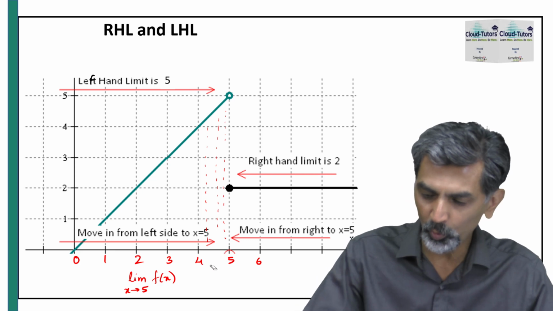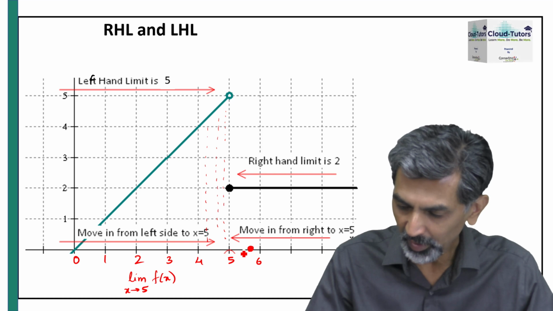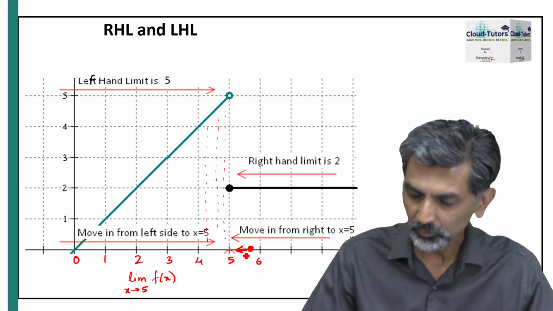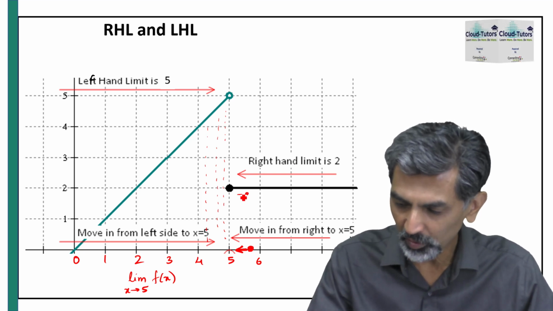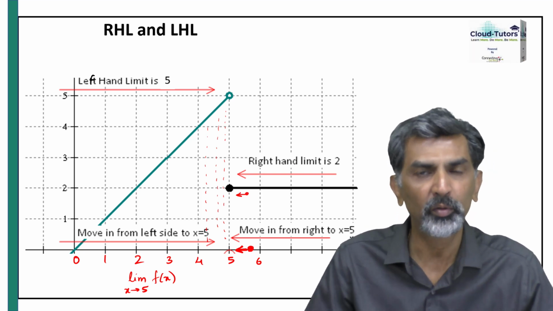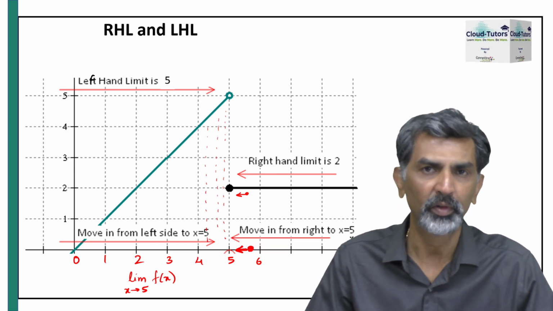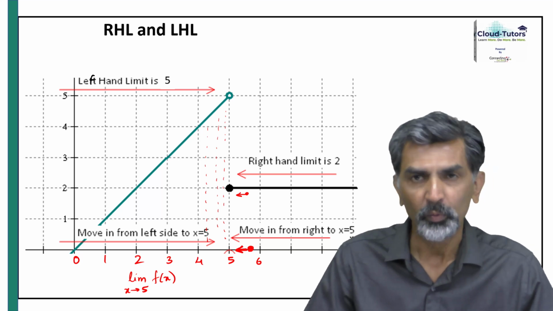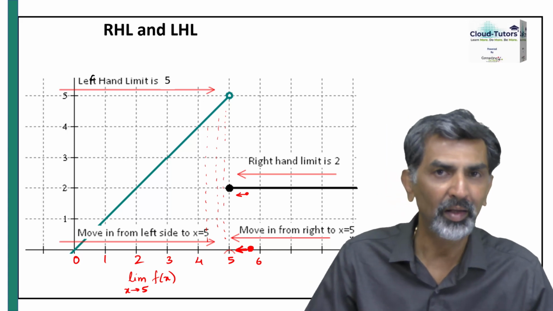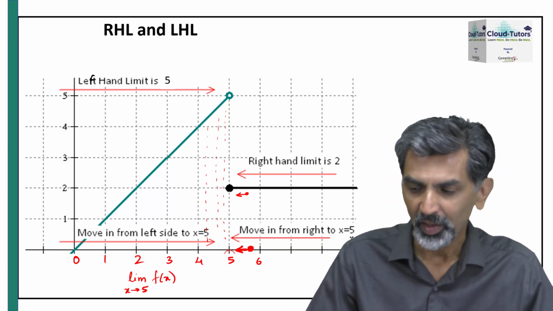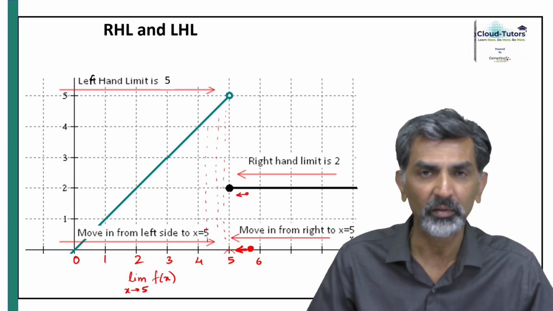What happens when you approach 5 from the right hand side? You start from somewhere here and approach x equal to 5 from the right hand side. You can see that the value of f of x remains at 2. It doesn't change. So the value of f of x as x approaches 5 from the left hand side is 5, and as x approaches 5 from the right hand side, it is 2.